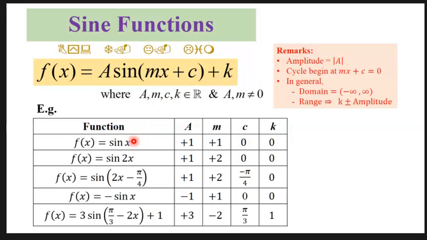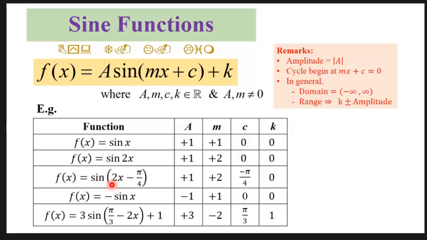So, for example, if I have the basic f(x) = sin x, the coefficient a of the sine is positive 1, the coefficient of x is positive 1, and the constants c and k are 0. When I have sin 2x, again the coefficient of sine is plus 1, the coefficient of x becomes plus 2, and c and k still remain 0.